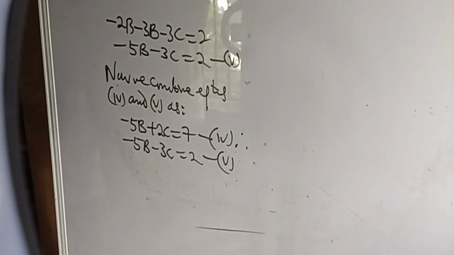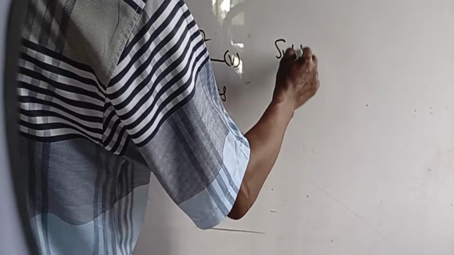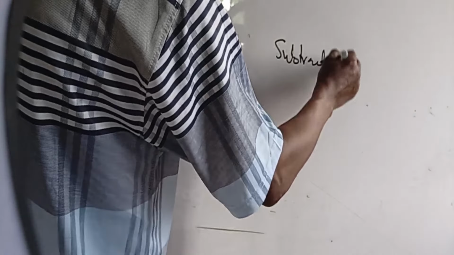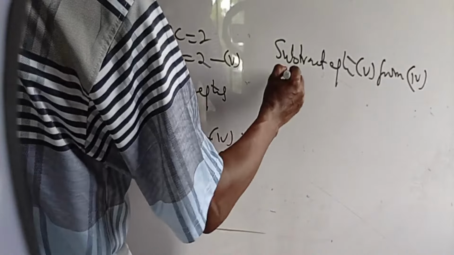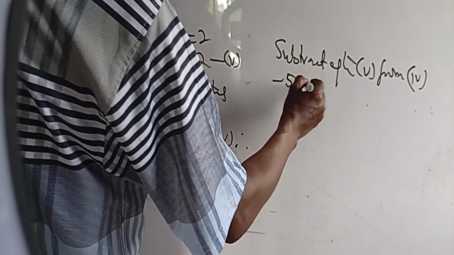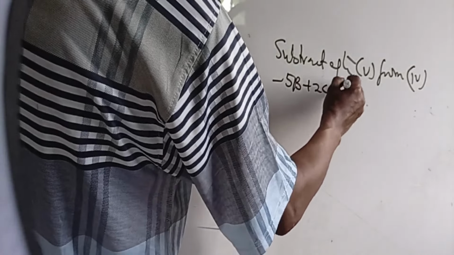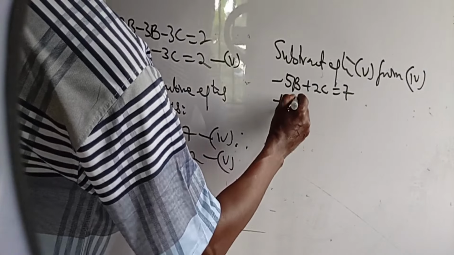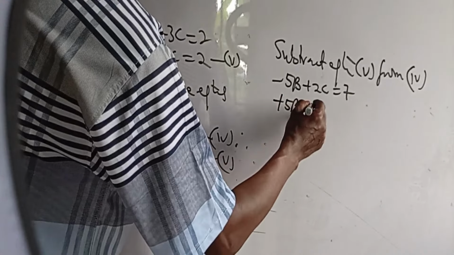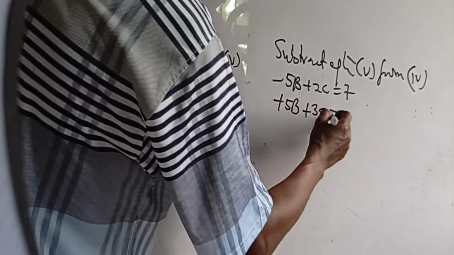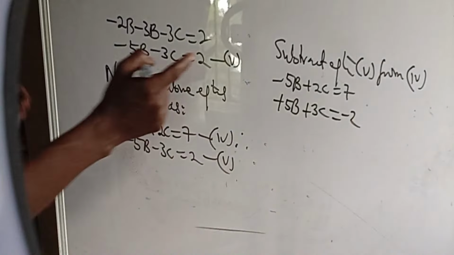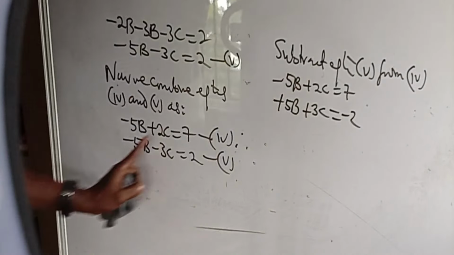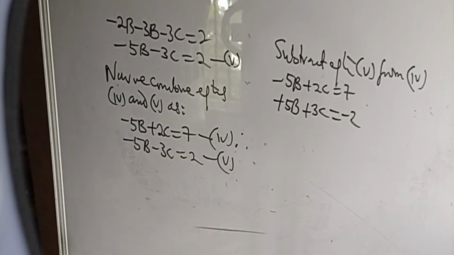So we subtract equation 5 from 4. That is minus 5b plus 2c equals 7. By the time you introduce the minus, it becomes plus 5b plus 3c equals minus 2, because subtracting means you multiply everything there by minus.